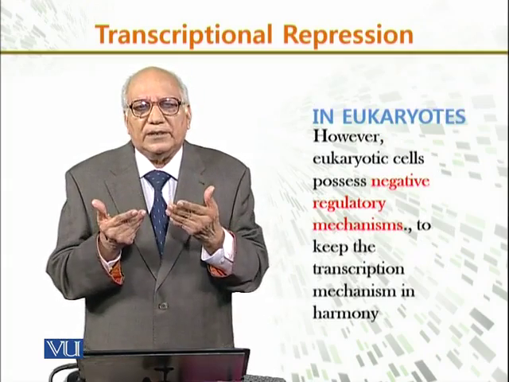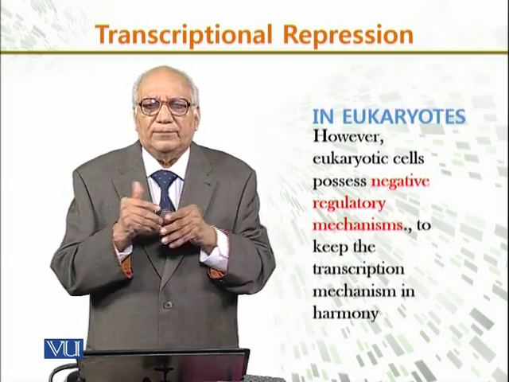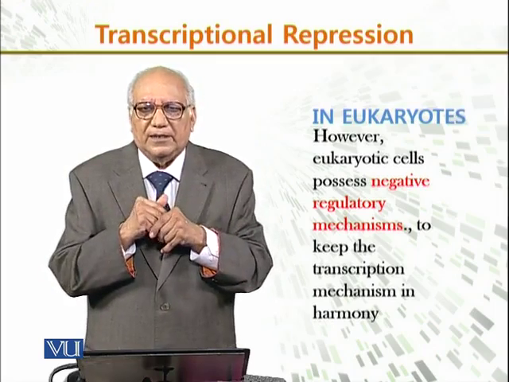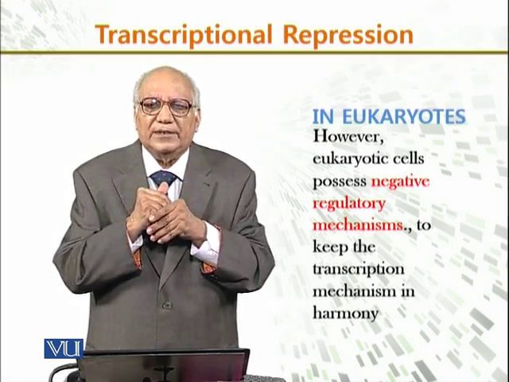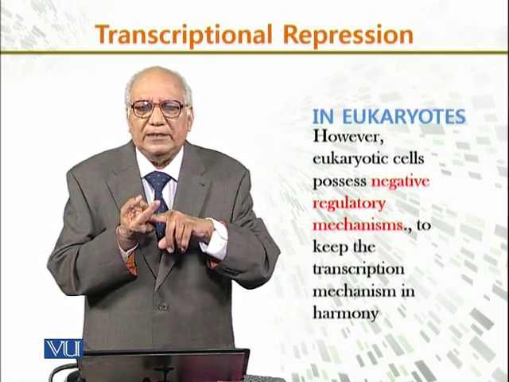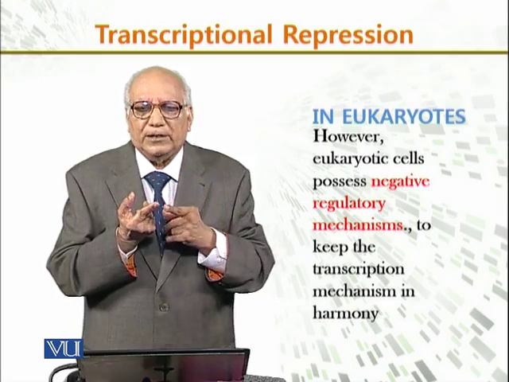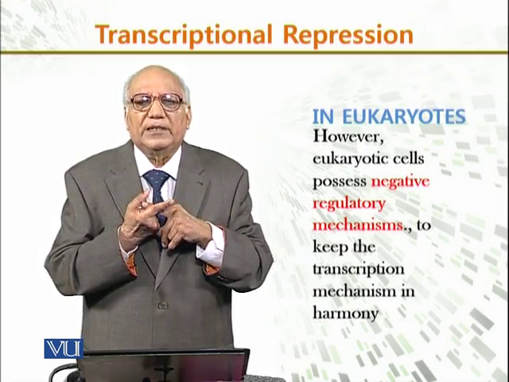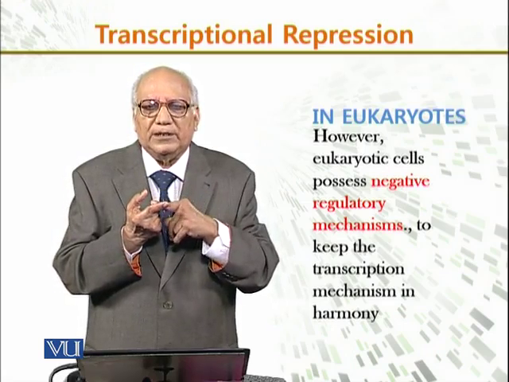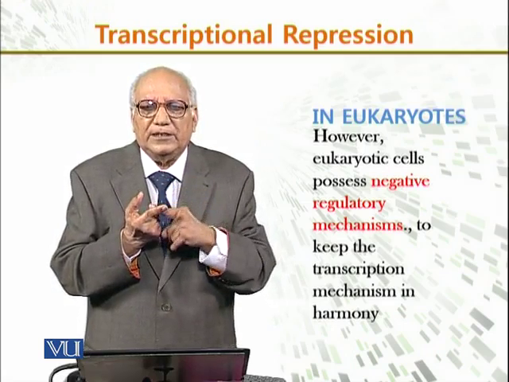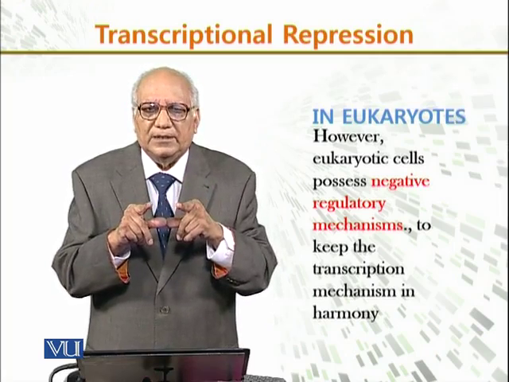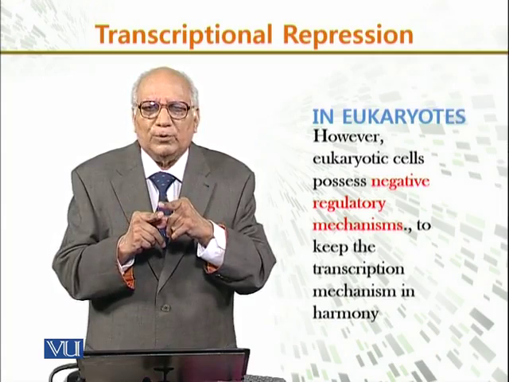And in eukaryotes, a different mechanism operates, and as we have discussed earlier, eukaryotic cells possess a negative regulatory mechanism to keep the transcription mechanism in harmony. पहले में क्या है, प्रोकार्योट में?